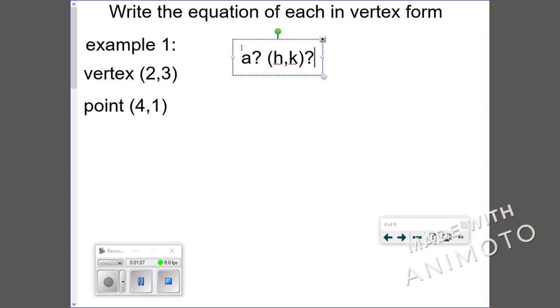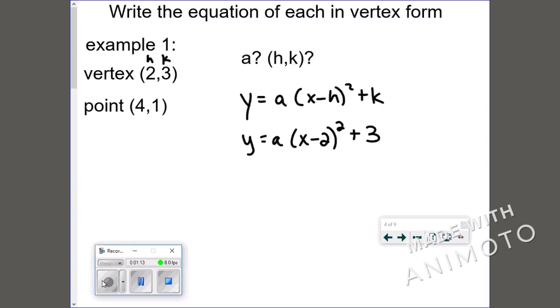So then the question is, okay, how do we find a? And let's walk through that. Okay, so here's what we have. Great, but we don't have enough. We need a, like I said. So how can we think about it? We're given this other point for another reason. We're supposed to use this point to find a. So think about just in general what graphs mean.